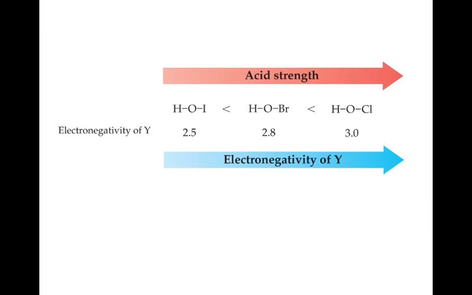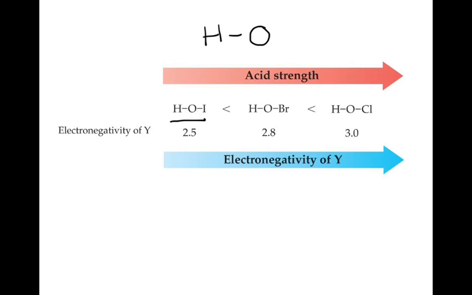Okay, so here's a different trend. When we have these oxyacids, as we sometimes call them, look here, we've got HOI, and we're comparing with HOBr and HOCl. Now the bond we're interested in is always the same.